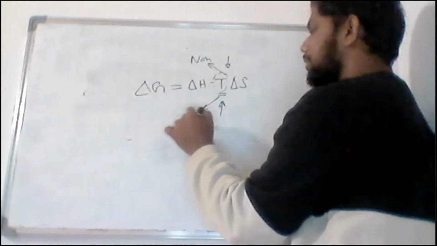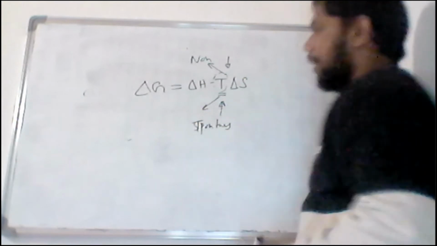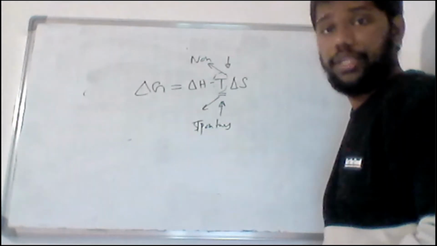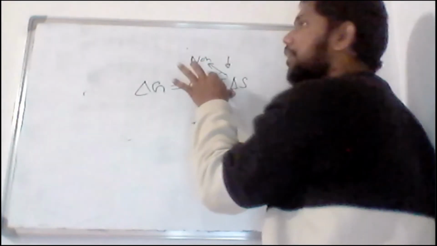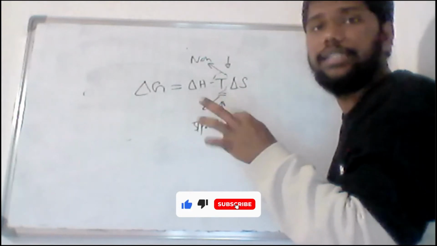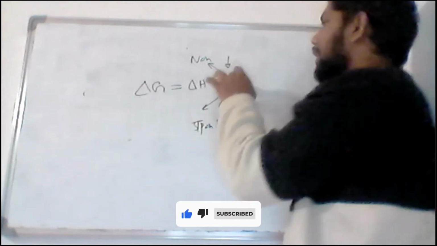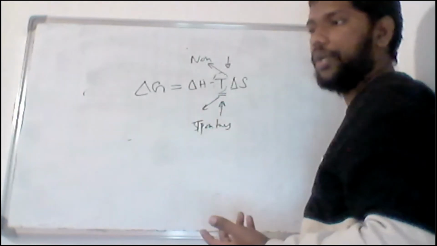At one case, this is spontaneous. At one case, it is non-spontaneous, which gives you the margin where at temperature T, this can be considered as spontaneous or non-spontaneous in nature. Because they say greater than that becomes spontaneous, less than that becomes non-spontaneous.